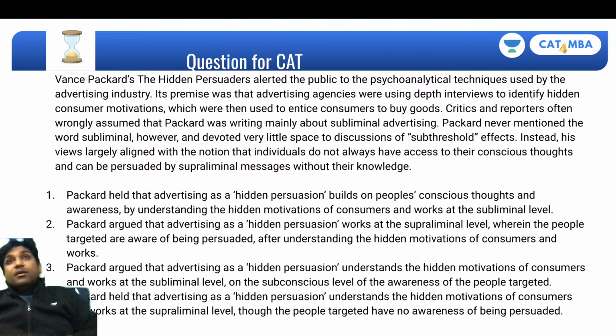So they are saying that there are some supraliminal messages present. The author is conducting depth interviews to understand hidden motivations, and they're talking about conscious thoughts, so probably they are somewhere referring to hidden conscious thoughts.